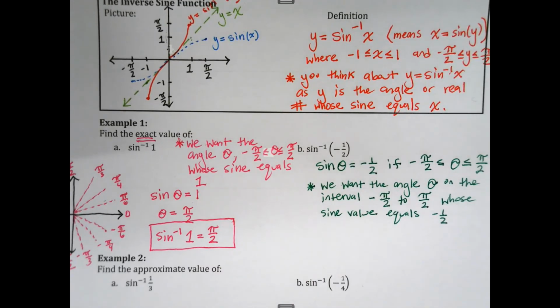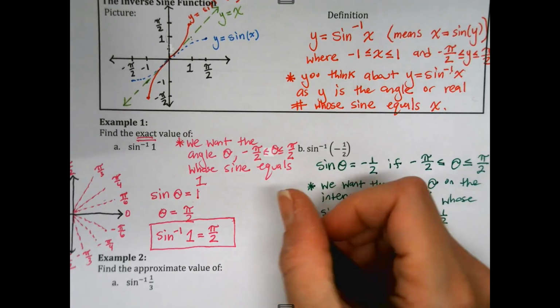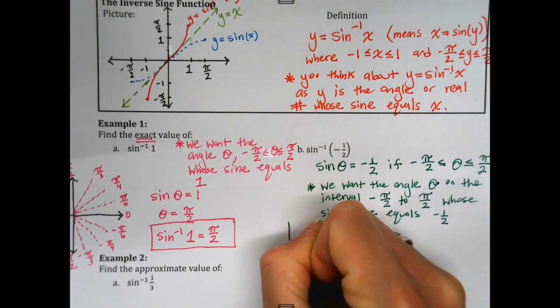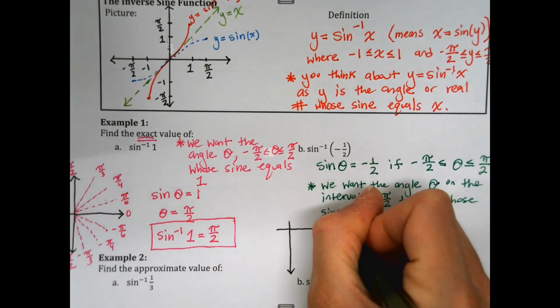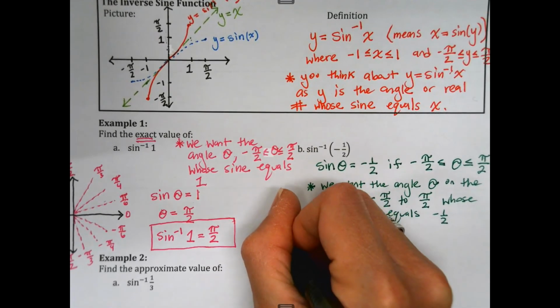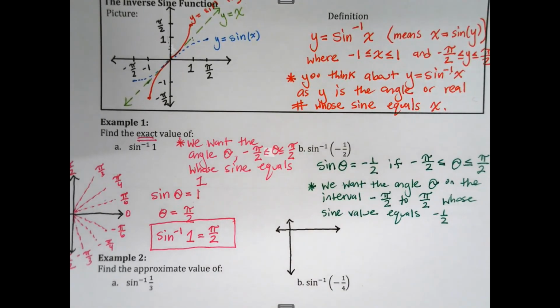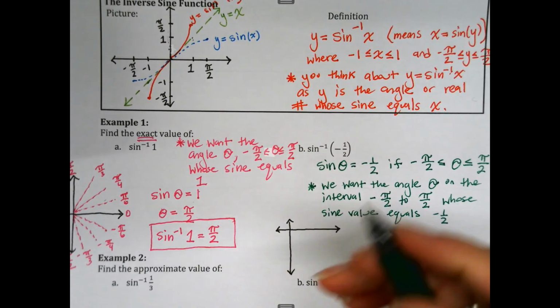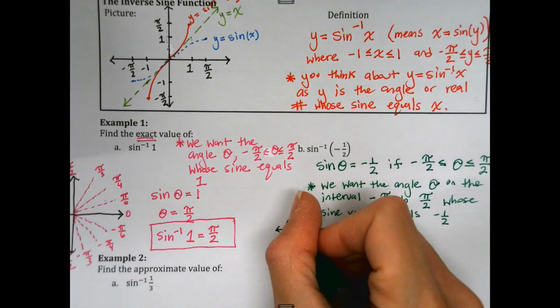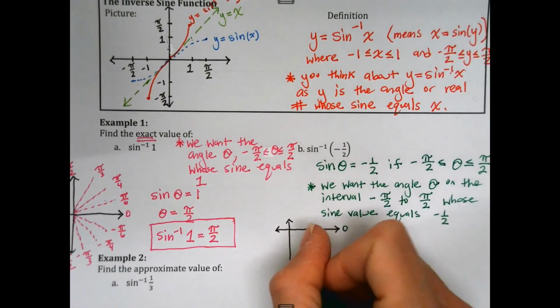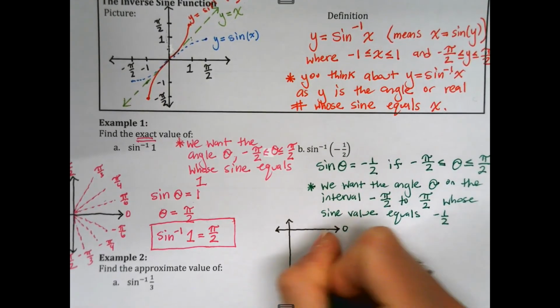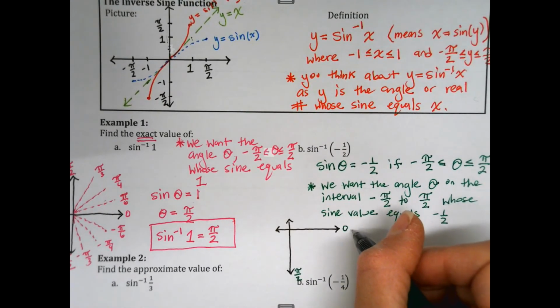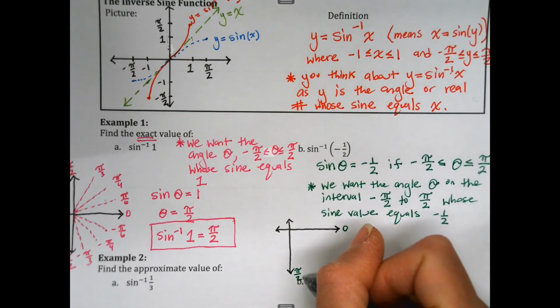We have to remember where our sine value is negative. Everything is positive in quadrant number 1. Therefore, we are going to be in quadrant number 4. And we know it's not 0, and we know it's not pi over 2, because the sine value at 0 is 0 and the sine value at negative pi over 2 is negative 1.